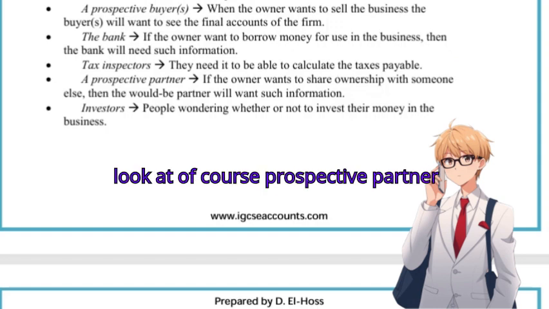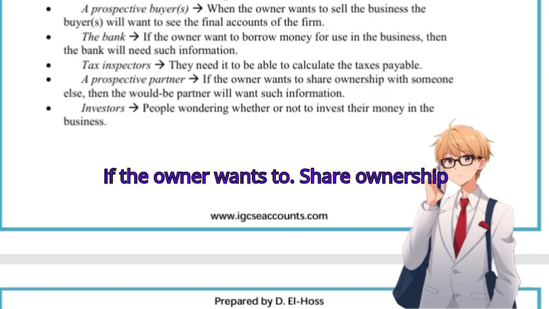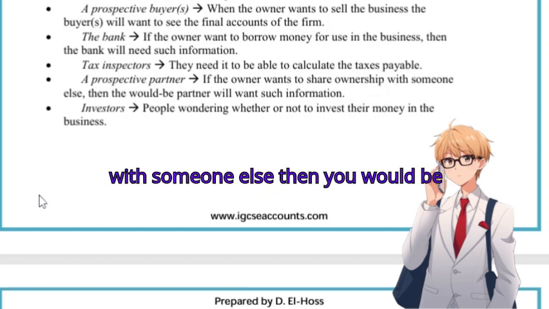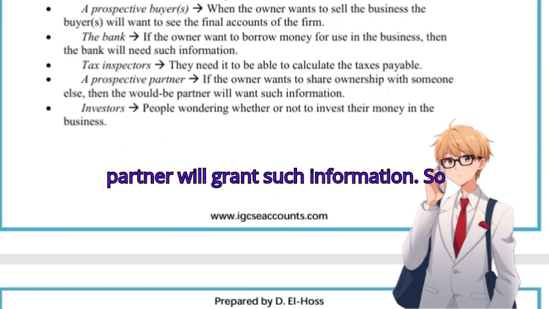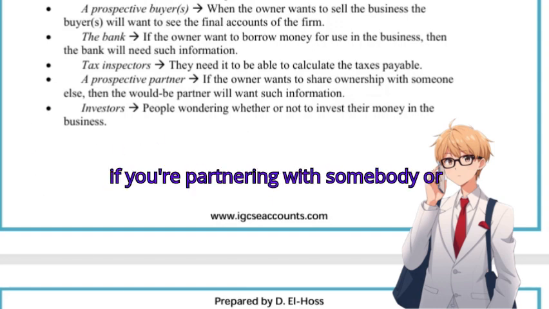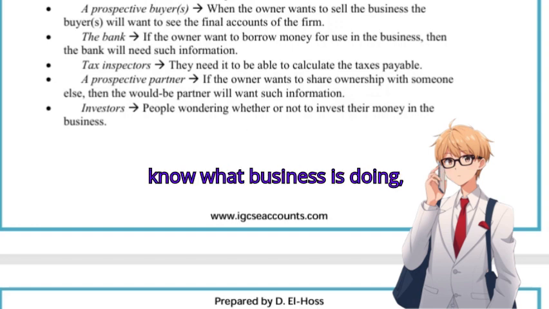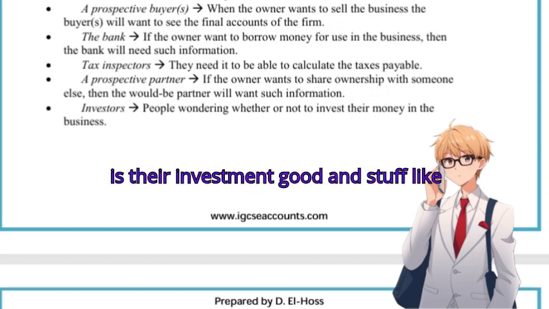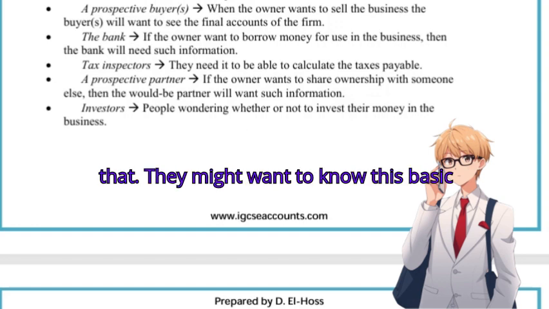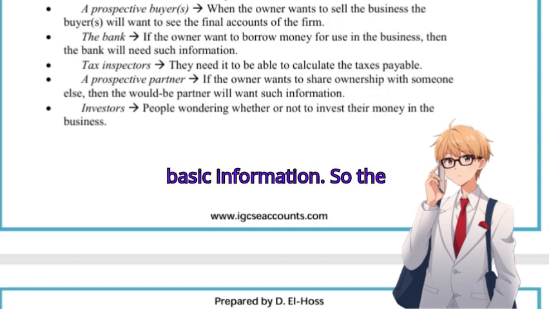So let's look at a prospective partner. If the owner wants to share ownership with someone else, then the partner will want such information. If you're partnering with somebody or they're investing in your business, as a shareholder, they may want to know what the business is doing, whether their investment is good, and stuff like that. They might want to know this basic information.